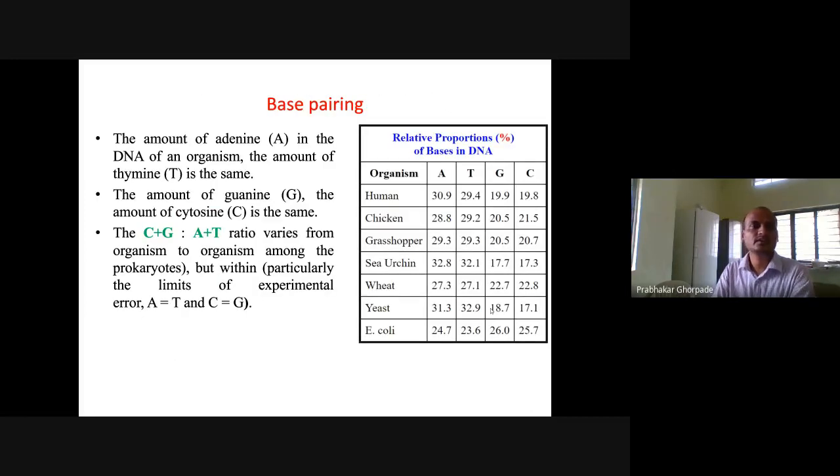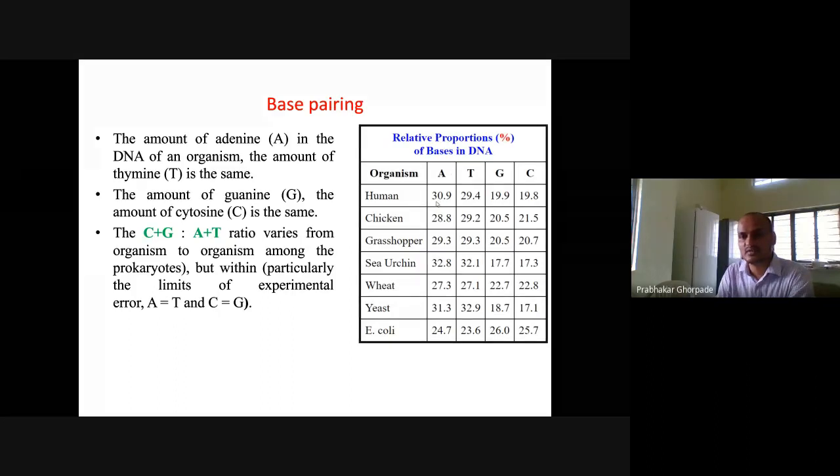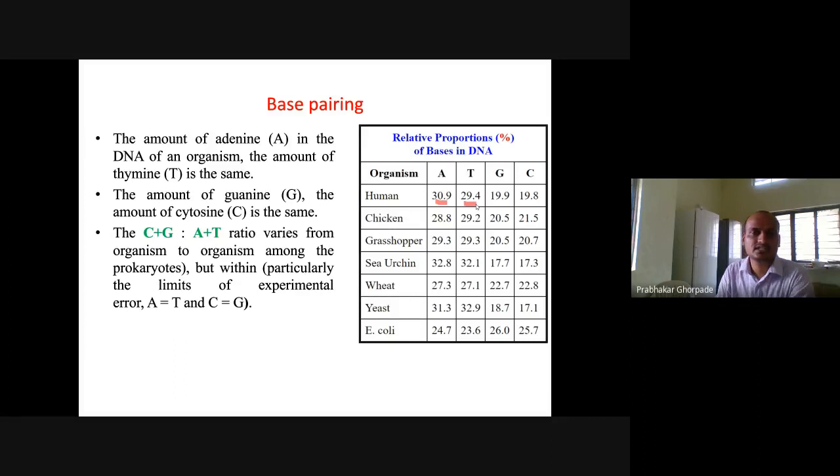So the amount of adenine in the organism and the amount of thymine are the same. For example, this one is human. Here 30.9% is adenine and 29.4% is thymine. So these amounts should match each other, right? This is approximately a similar percentage.